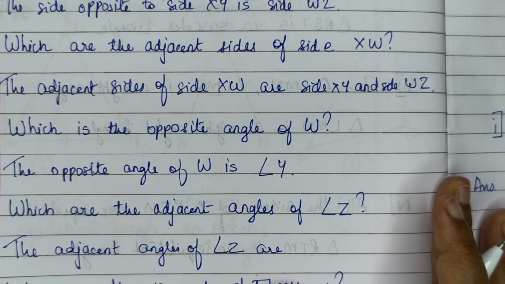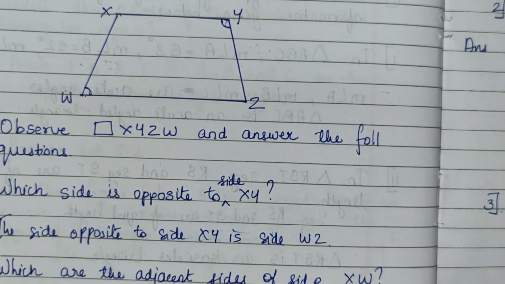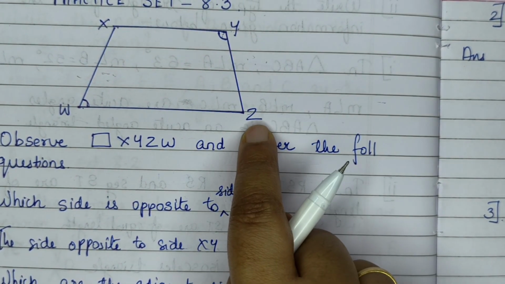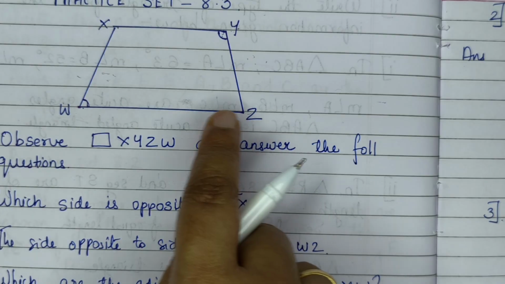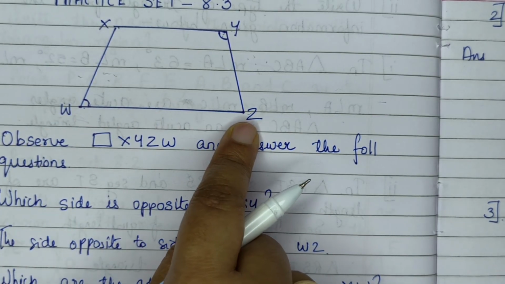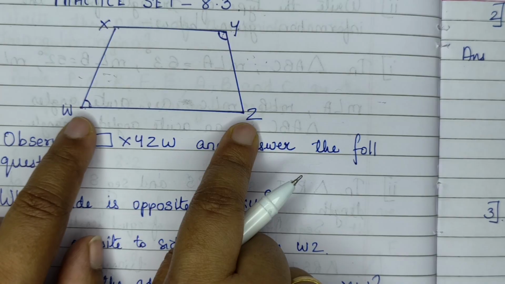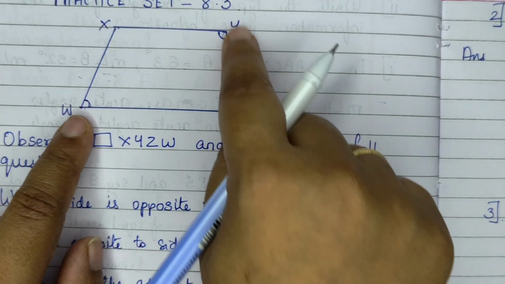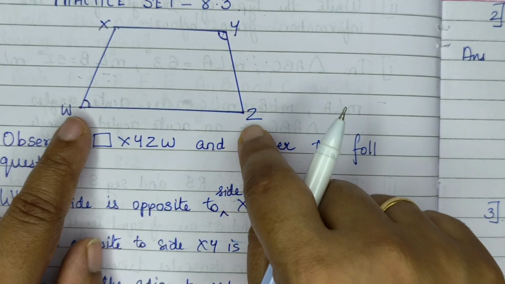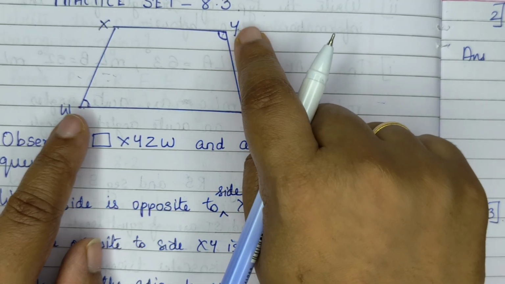Now go to the figure. Where is Z? Z is here. What are adjacent angles? They share a common side. So here the adjacent angle of Z is what? Angle W. And also on this side, the adjacent angle to Z is what? The side which is common to both. This side is common. That means angle Y.